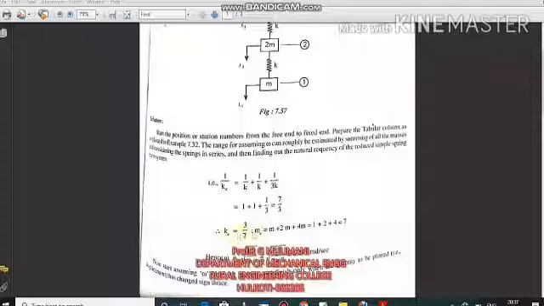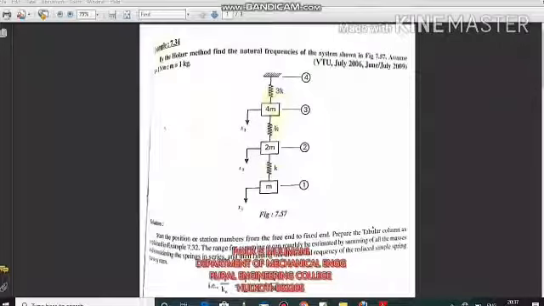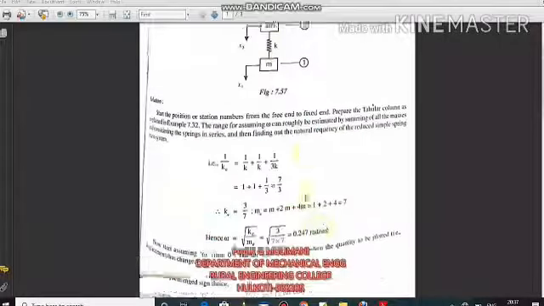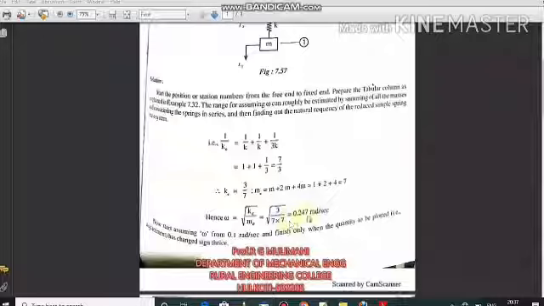This ke you will get from the equivalent spring stiffness, and the mass is the sum of all the masses, 4 plus 2 plus 1, it is 7. So it is 0.247. You assume 0.1 or 0.15 or 0.2, any value. In this range you can also take 0.25, 0.5, like that. In this problem it is taken 0.1, 0.2, 0.4.